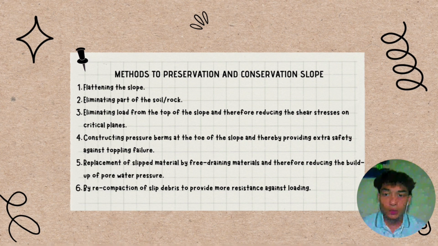After that is constructing pressure berms at the toe of the slope, thereby providing extra safety against toppling failure. Fifth is replacement of slip material by free draining materials and therefore reducing the build-up of pore water pressure. Lastly is recompaction of slip debris to provide more resistance against loading.